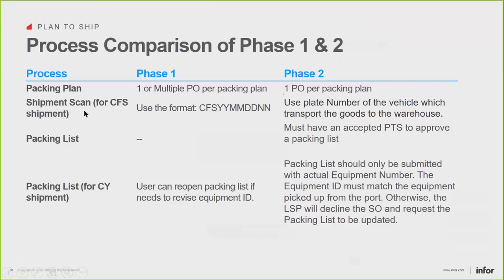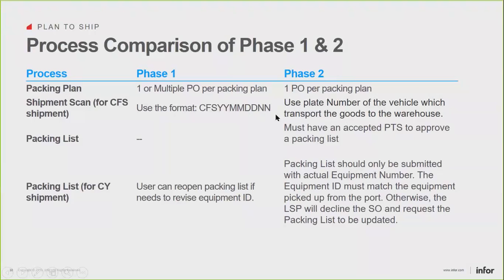For shipment scanning for CFS shipment, in phase 1 the equipment number should be CFS plus year, month, and date. When we move on to phase 2, the license plate number of the vehicle that transfers the goods to the warehouse should be used as the equipment number for CFS shipment.